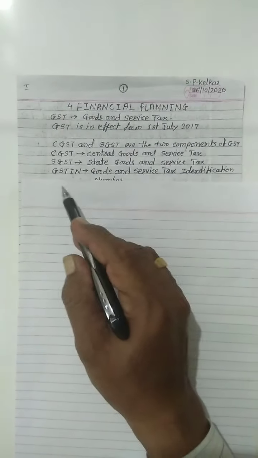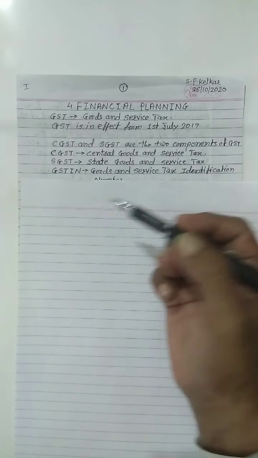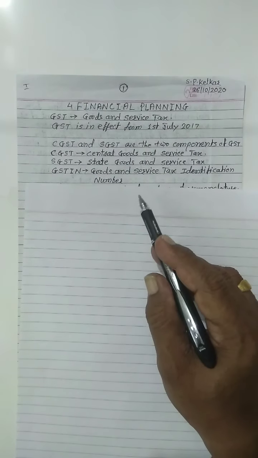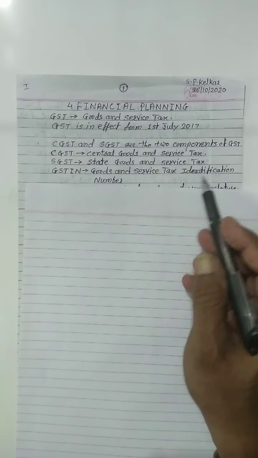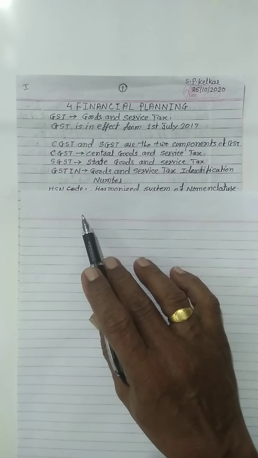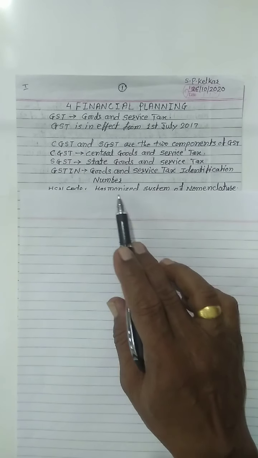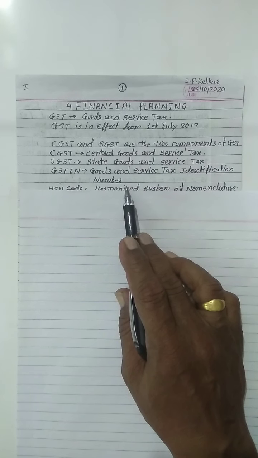Now, GSTIN means Goods and Service Tax Identification Number. This number has 15 alphanumeric digits. This number is given to the dealer.